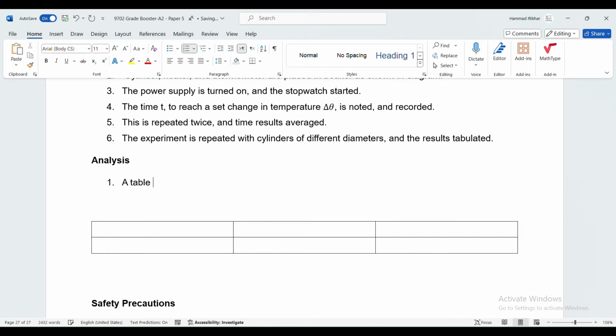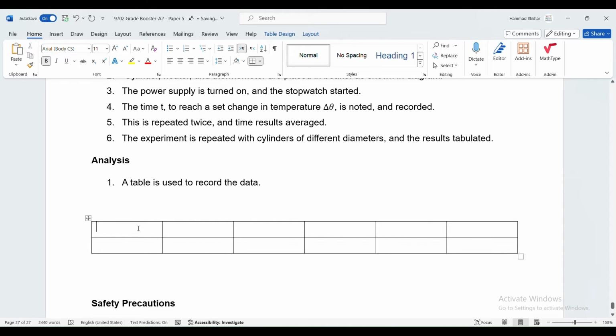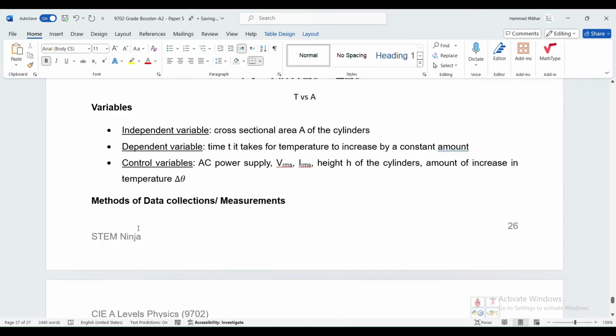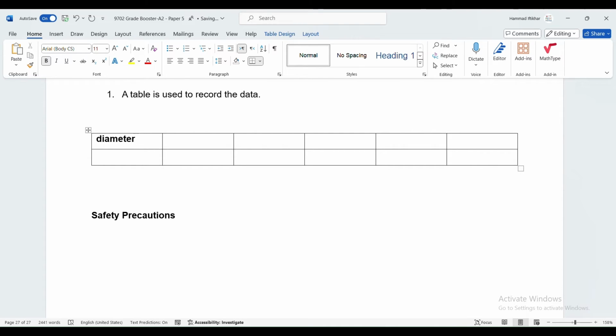A table is used to record and analyze the data. The table that you can use is definitely going to be different than mine, but let's see how we can make it very easy. Area is the independent variable, right? So first off, we're measuring the diameter d. This is going to be in meters.